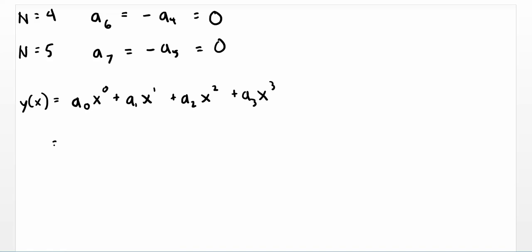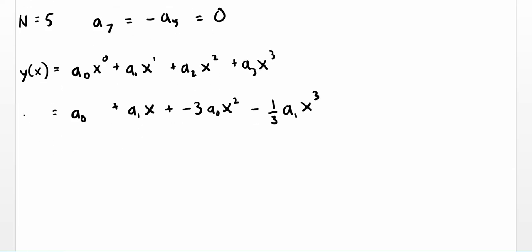Now we'll plug in the constants that we found. a0 was just a0. X to the 0 is 1. Plus a1 is just a1. We didn't have anything for that. Times x. a2 was negative 3 a0 times x squared. And then a3 was negative 1/3 a1 and then times x to the third.